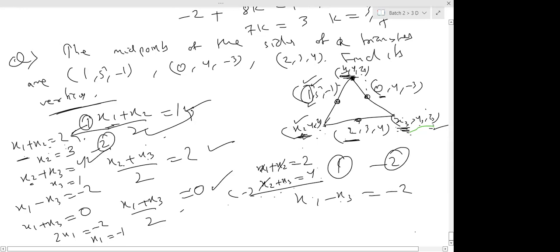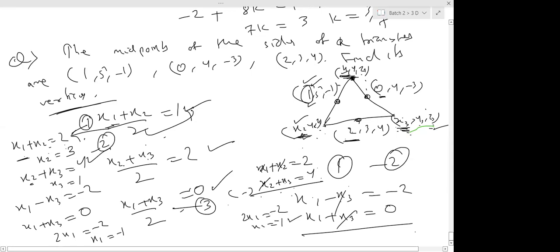Right, Rahman? Yes, sir. Now this is equation 3, you can write x1 plus x3 is equal to 0. Add them, so this is cancelled. So 2x1 is minus 2, so x1 is minus 1. Now if you have the value of x1, then you can find x2 by putting it in equation 1 and so on. Now the question is simply solving the simultaneous equation.